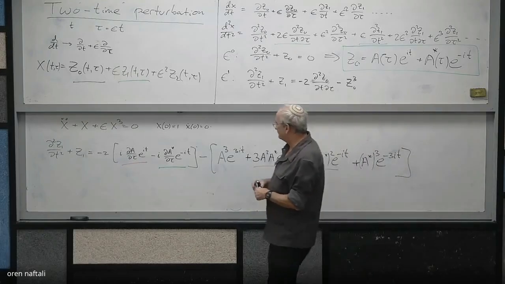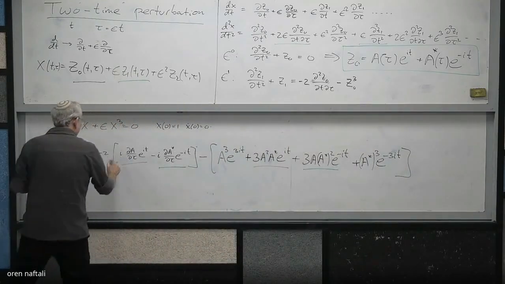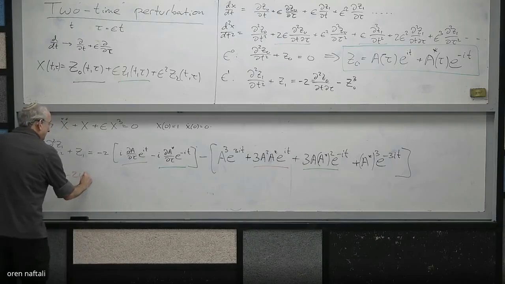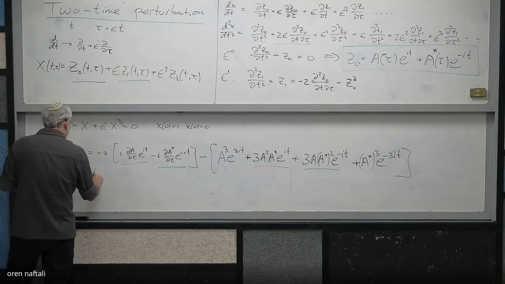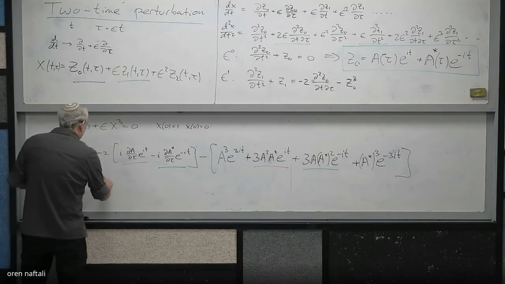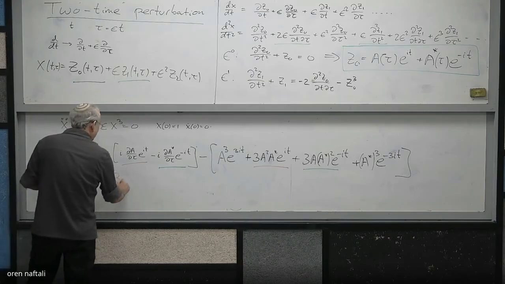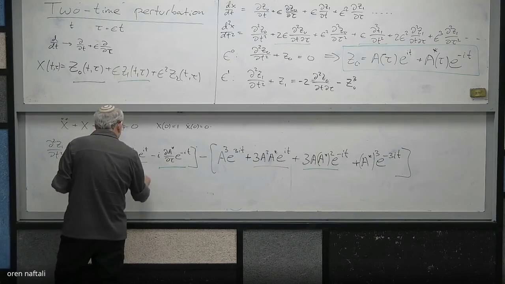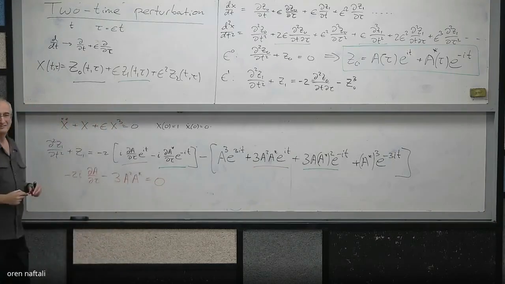So all I have to do is to make sure that minus 2i dou A dou tau minus 3 A squared A star equals 0. This is all that I have to make sure.